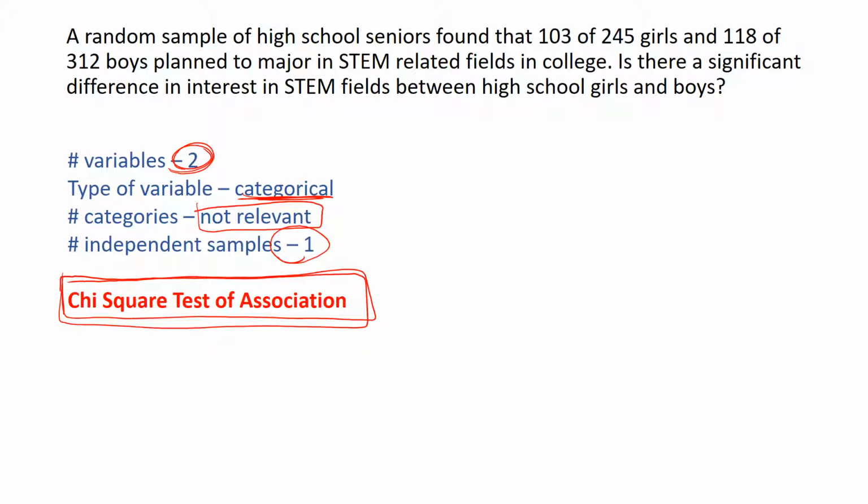In this particular case, each of the variables has only 2 categories, and so this problem might look very much like it should be some type of test of proportions. But since there are 2 variables, it must be the chi-square test of association.